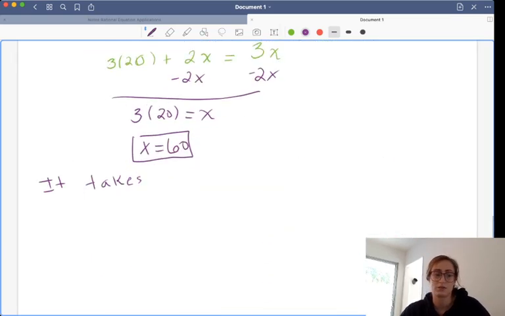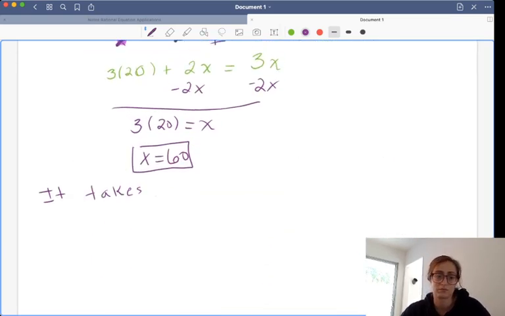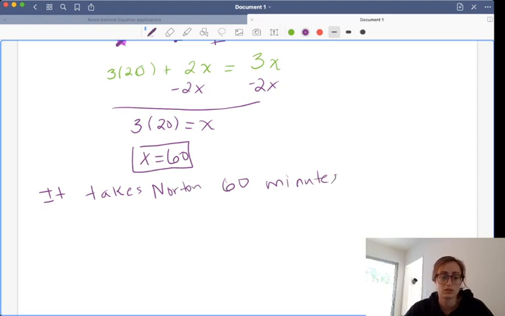It takes Norton 60 minutes to weed the garden alone.